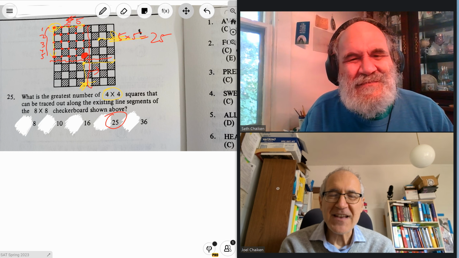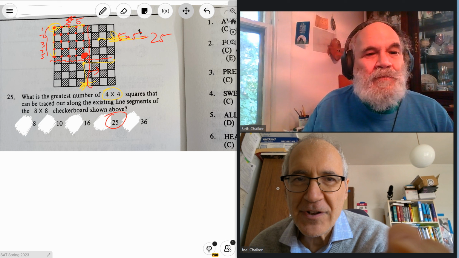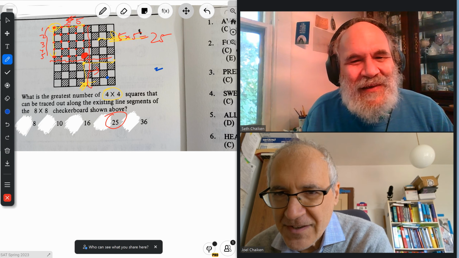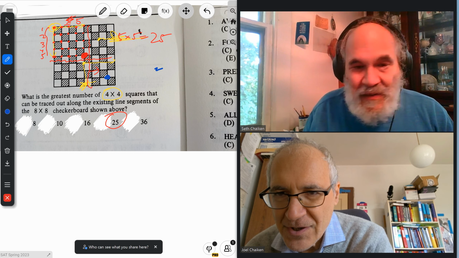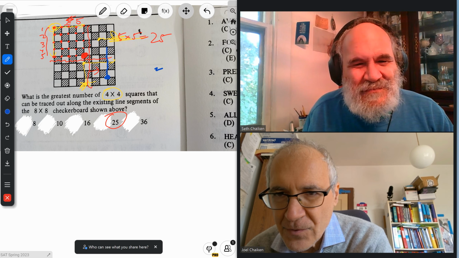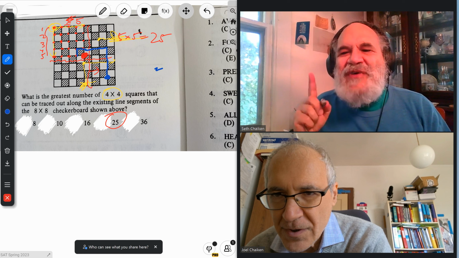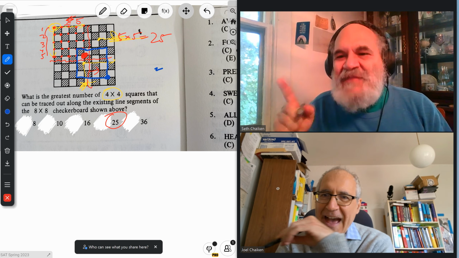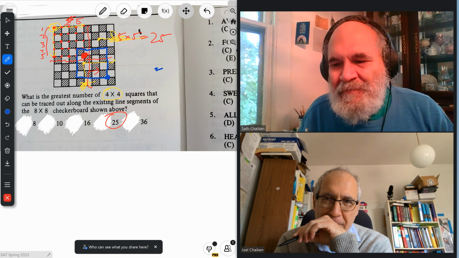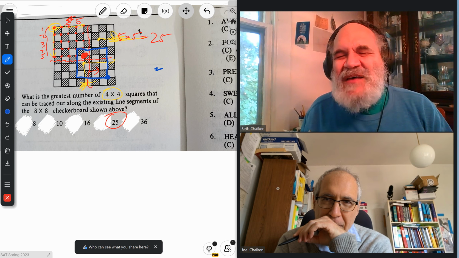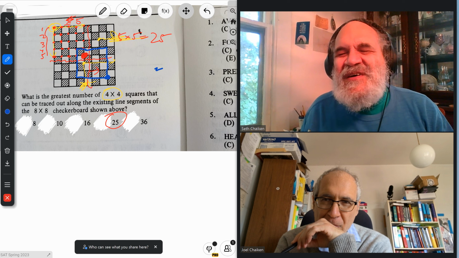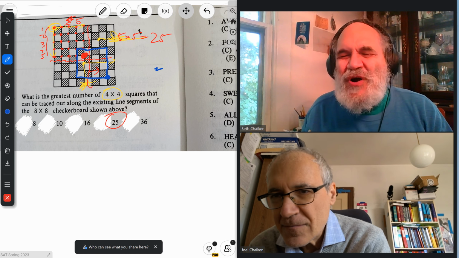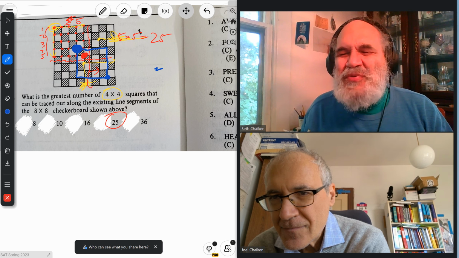But let me ask this. I have a very, very important question. What about this square starting down here? 1, 2, 3, 4. 1, 2, 3, 4. Okay, now what about every 4x4 square? Every 4x4 square has 4 different corners, and the different corners have 4 specific special properties.